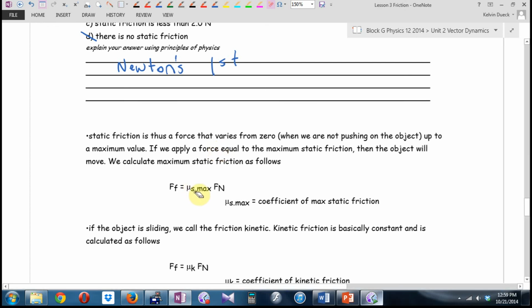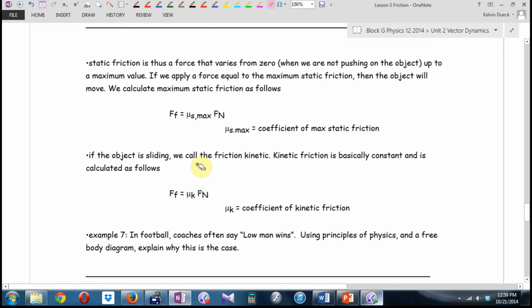And so often we use as a symbol for static an S, and we say friction is mu static times the maximum normal force that it's capable of exerting and creating, and that's your maximum static friction. If an object is sliding, we call the friction kinetic, moving. Kinetic friction is mu k times the normal force, but we are going to pretend that those are one and the same.